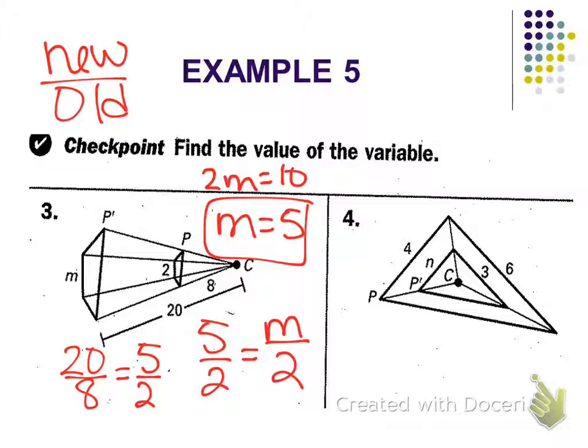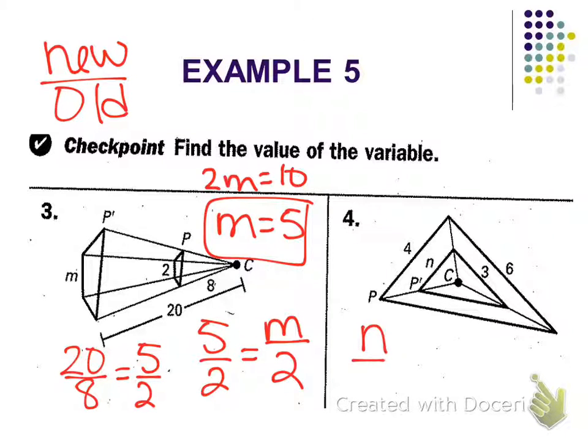So, let's start with our scale factor that we know. What is a new side that we know? Give me either new side. What's a new side that we know? Look at a side on the one that is labeled with a P prime. Give me one of those sides.